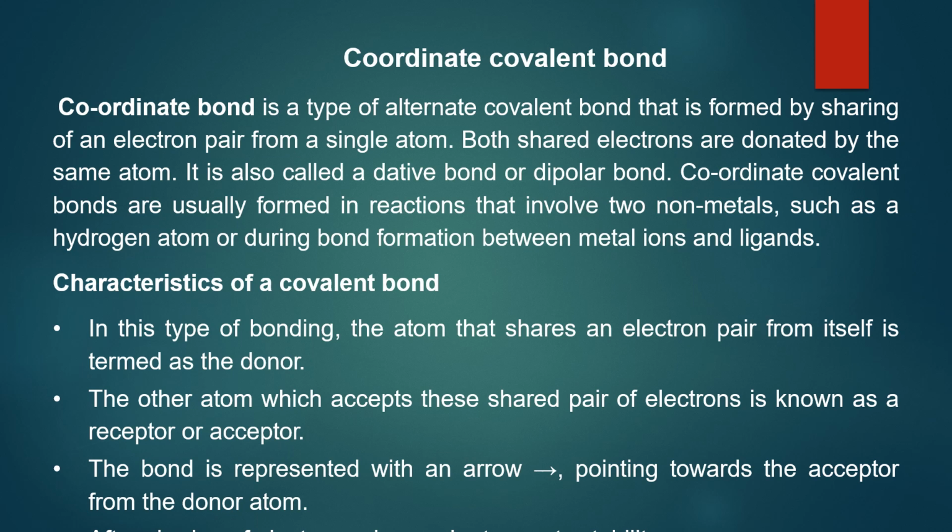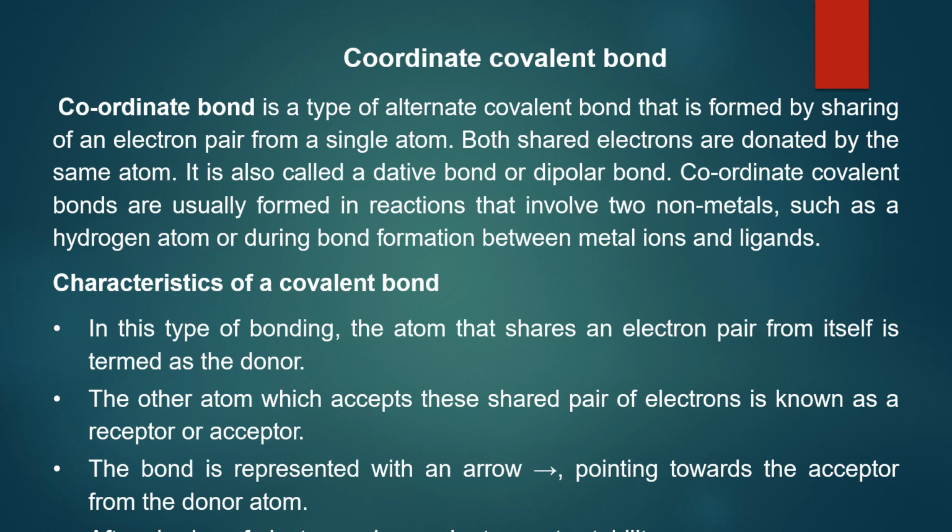Coordinate covalent bonds are usually formed in reactions that involve two nonmetals. You could observe the coordinate covalent bond between two nonmetals, or during the bond formation between metal ions and ligands.